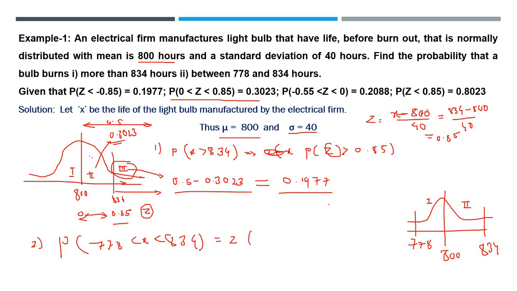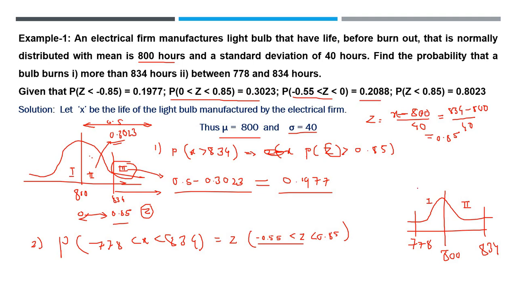Suppose this is area number 1 and this is area number 2. We will calculate the z values. For 778, 778 minus 800 divided by 40 comes out to be minus 0.55, so minus 0.55 less than z, and for 834 we already calculated that value, 0.85.